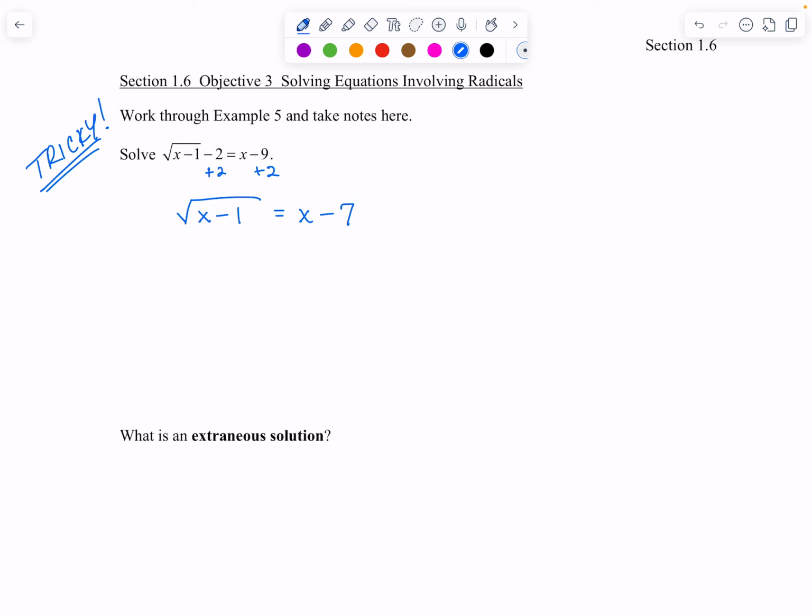Now to get rid of the square root, I'm going to square it. Whatever I do to one side, I've got to do to the other. I told you it's a little weird. So I'm going to get x minus 1 on this side.